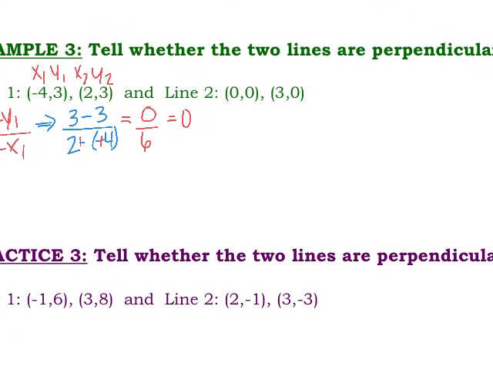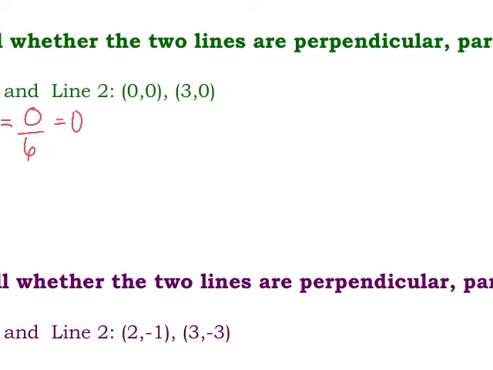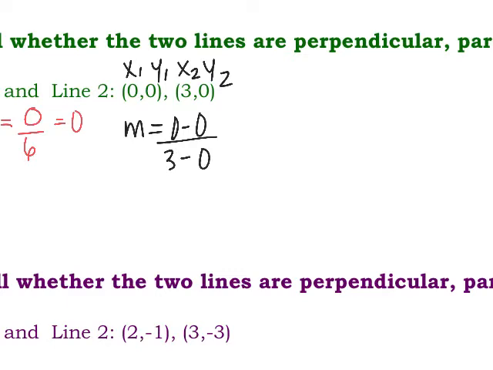All right, let's go to the next one. Line 2. So x1, y1, x2, y2. You don't have to do the formula since we already wrote it down. What's your y2? 0 minus 0. And your x's? Good. 0 minus 0 is 0. 3 minus 0 is 3.